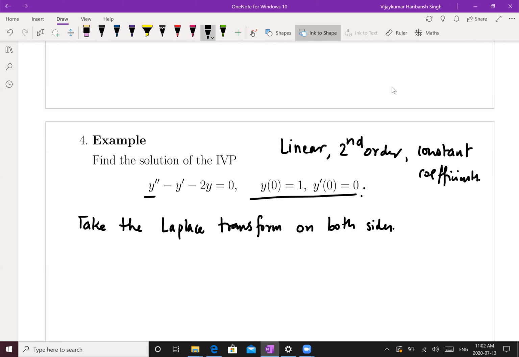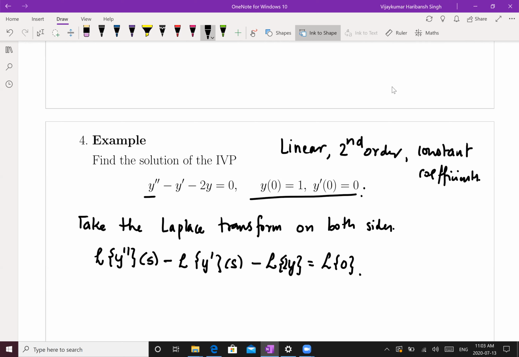So we get the Laplace transform of y double prime, now we have to choose what variable we are choosing, s, minus the Laplace transform of y prime, variable s, minus the Laplace transform of 2y equals the Laplace transform of 0.